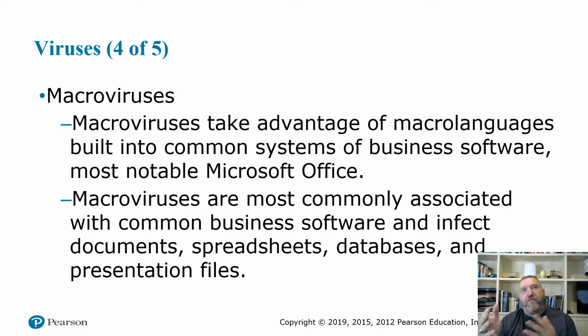Macro viruses. So if you've ever been in Excel and you want to run a function over and over again, let's say I want to print a certain area every time, so I set up a macro of Control-Alt-1. Well, when I hit Control-Alt-1, it runs a macro that runs through all the command strokes that would create that print job for me, and it would shoot it out.